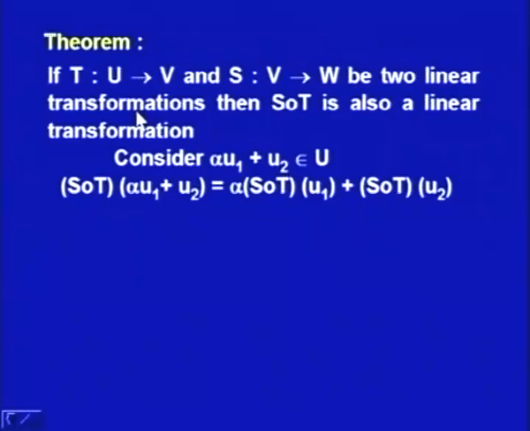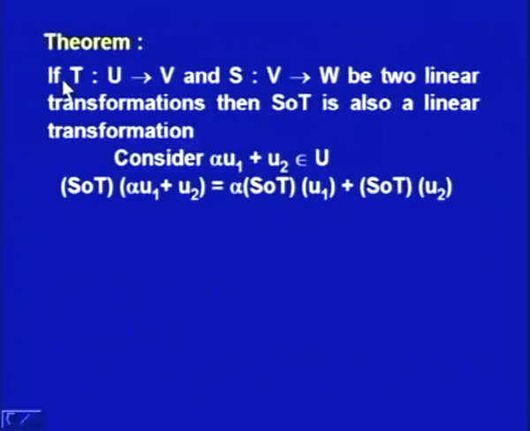On the basis of this, I will establish certain results in the form of theorem. So, if we have a linear transformation T from the vector space U into V and another transformation S from V into W, then S o T is also a linear transformation.